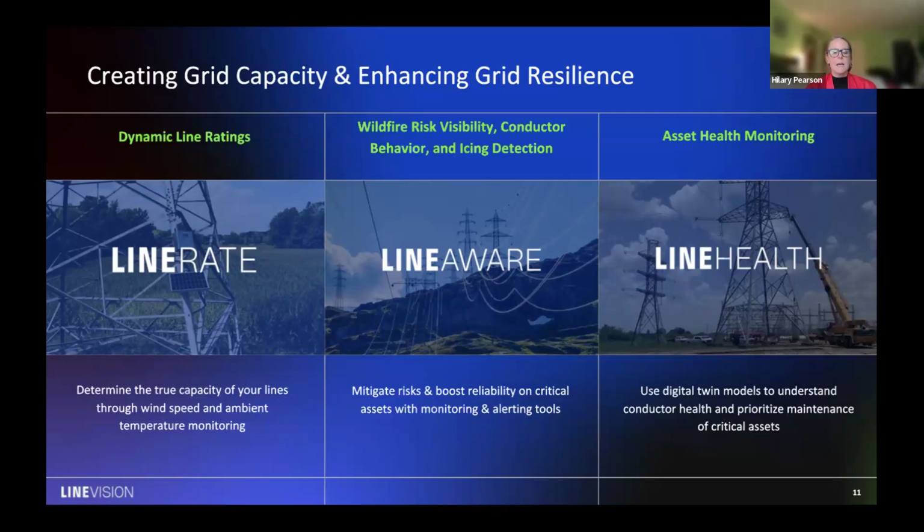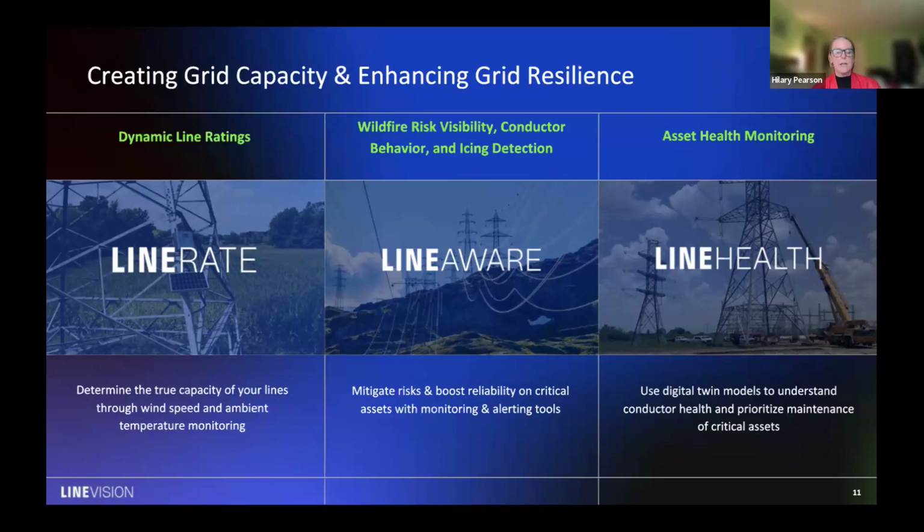So having that data that comes from continuous monitoring is critically important to not only determining where we can safely put more power through existing lines, but also helping to close a visibility gap that exists on the transmission system as well. Generation stations and substations are heavily monitored. Those lines leaving those facilities that really make up the backbone of the electric grid are, for the most part, not continuously monitored today.